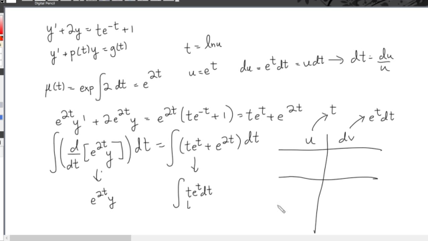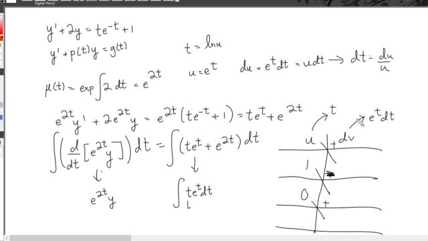Okay, I'm a bit rusty, so I hope I don't mess this up too badly. Okay, so that's u, and du would then just be 1, and the second derivative of u would be 0. And okay, how do I do this? So this is plus, this is minus, and this is plus, but this is 0, so we don't care about this.